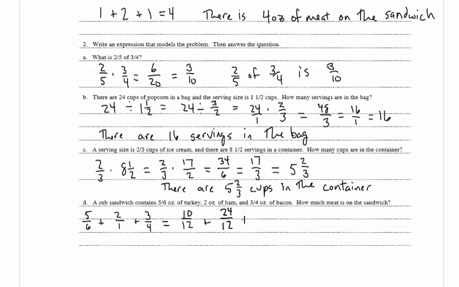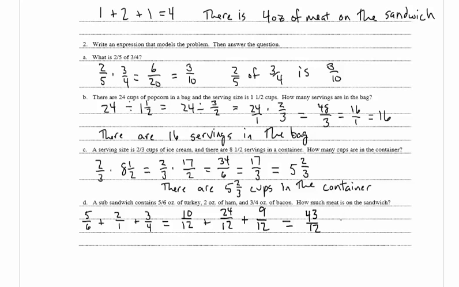And then we have 3/4. And if we write it with the denominator of 12, we multiplied by 3. So we're going to multiply 3 times 3. Gives us 9. And this is equal to 10 plus 24 is 34. Plus 9 is 43. So we could say 43 over 12.